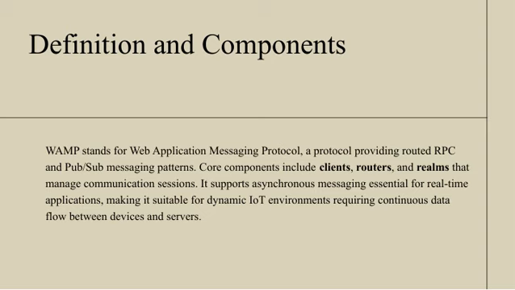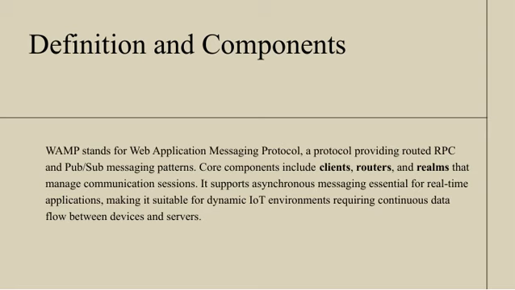WAMP stands for Web Application Messaging Protocol, and it's designed to facilitate communication in web applications. Essentially, it's a protocol that provides two key messaging patterns: routed RPC, which means remote procedure calls, and pub-sub, or publish-subscribe messaging. These patterns are fundamental for building interactive, real-time applications.